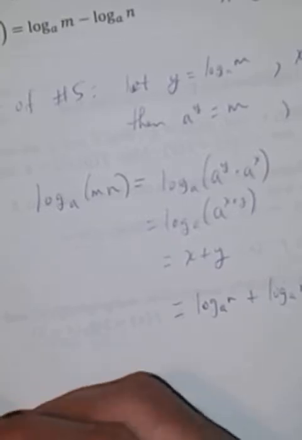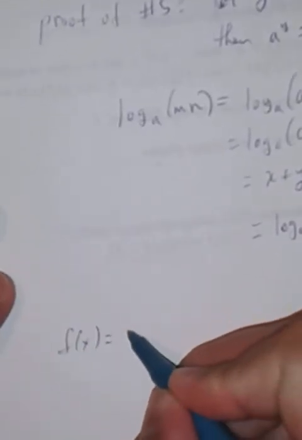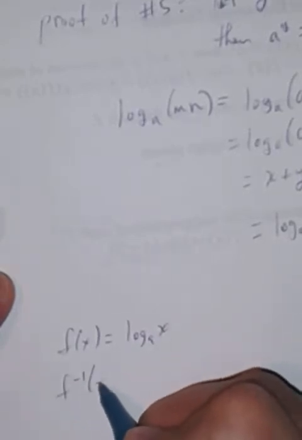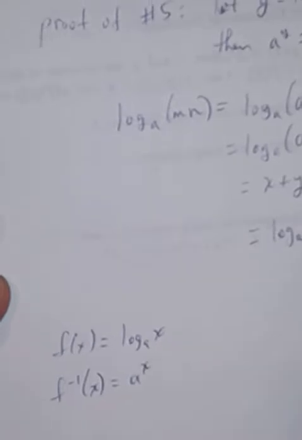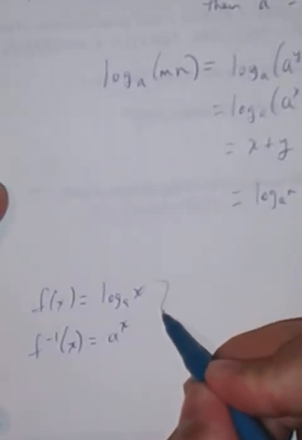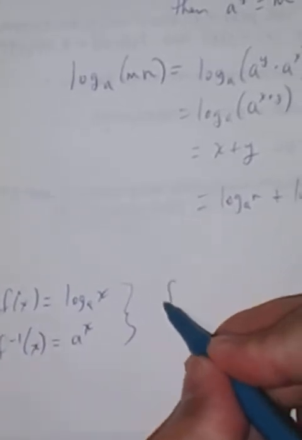So number 4, I'm going to think of it this way. So f of x is log base a of x, and then f inverse of x equals a to the x. They're inverses of each other. So I'm going to apply the composition of each, but in the two different orders.